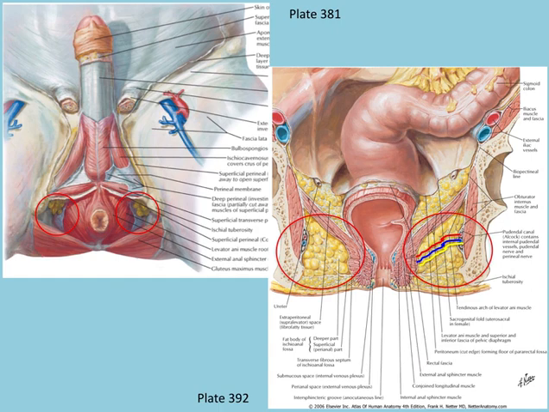There are a number of important branches that come off of the pudendal vein, artery, and nerve, running inside the ischial-anal fossa. The first one, indicated by the circle on the right side of plate 392, is the inferior rectal vein, artery, and nerve. It's running through the ischial-anal fossa to get to the external anal canal.